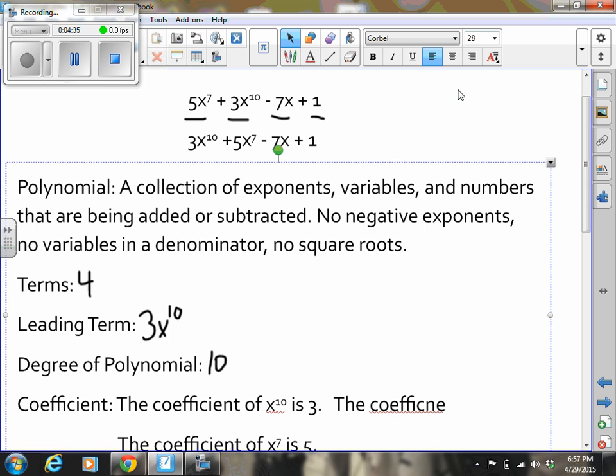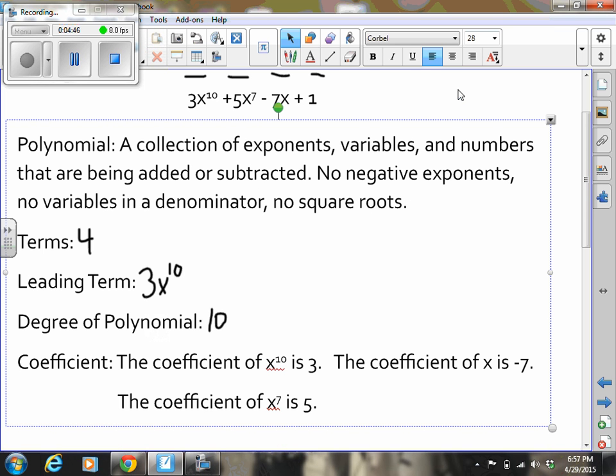The coefficient of x is -7. And notice how I did say -7. We interpret that as a minus, but plus -7 is the same thing as minus.